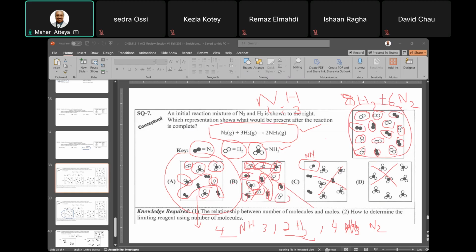So the only one left is the last one, which is correct. Those others are not correct because they just show the product here. You have to have a limiting reactant and an excess. So from multiple choice A, the limiting reactant is hydrogen because that's what is left. The excess, still a large amount, is nitrogen.